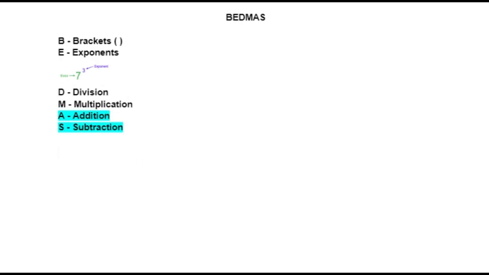And last but not least, we have addition and subtraction. Addition and subtraction come after division and multiplication, and they have the same importance as each other as well. So let's say we had a question like 7 plus 6 minus 6.